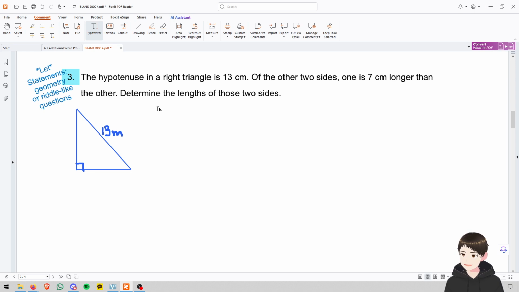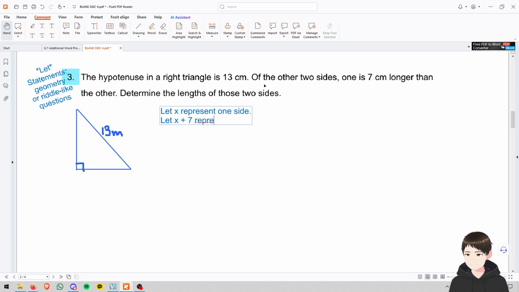So in geometry questions, they don't give you an equation, which means you have to create one. That means you need your let statement. Let x represent one side. The question says one side is 7 centimeters longer than the other, so let x plus 7 represent the other side.